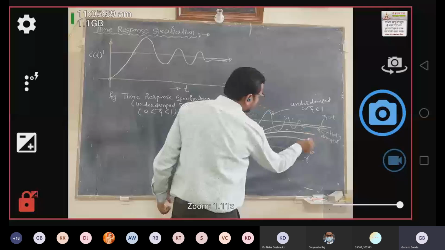As the zeta value increases from 0 to 1, the oscillations in the system get damped out, whereas when zeta exceeds 1, the time response never reaches the steady state.